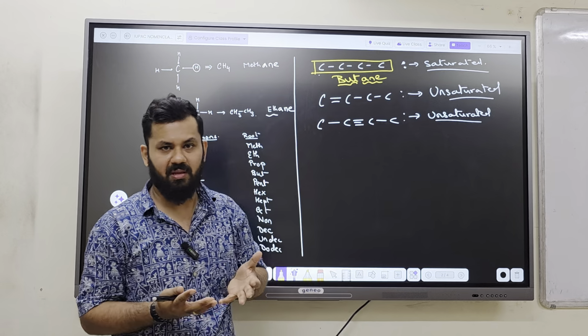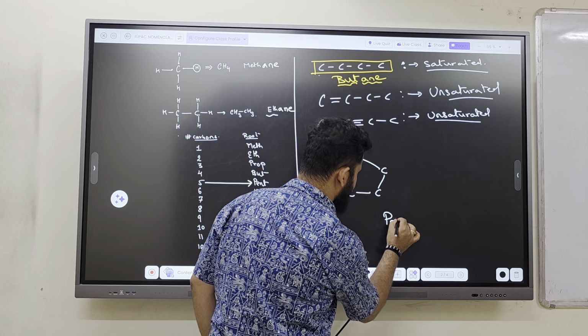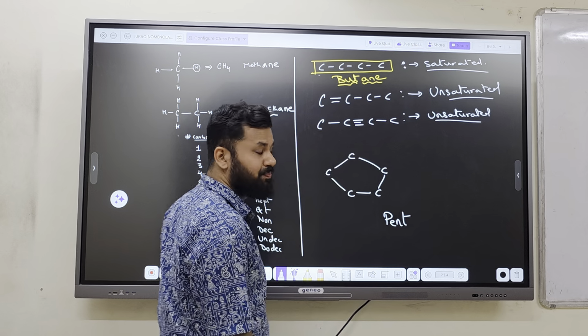For example, if I say 1, 2, 3, 4, 5 and the fifth and the first one is connected. In this case, you see, sir, there are 5 carbons. If there are 5 carbons, in that case, the root would become pent. The root word would become pent.